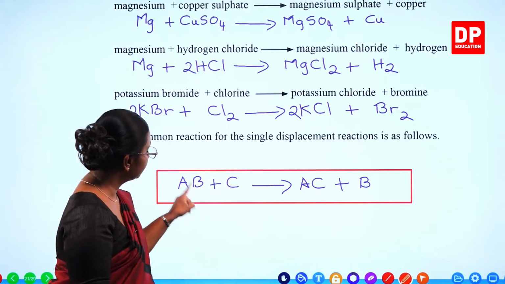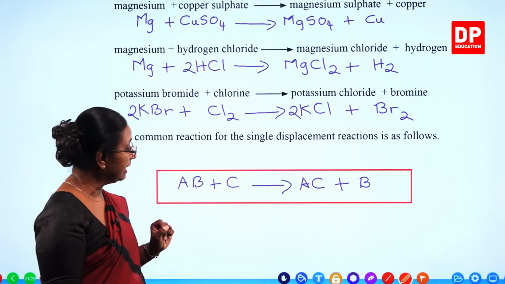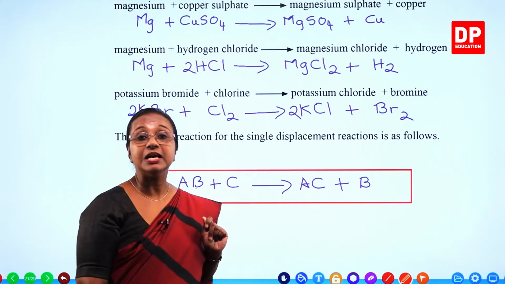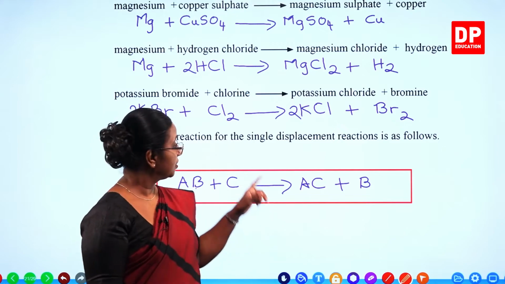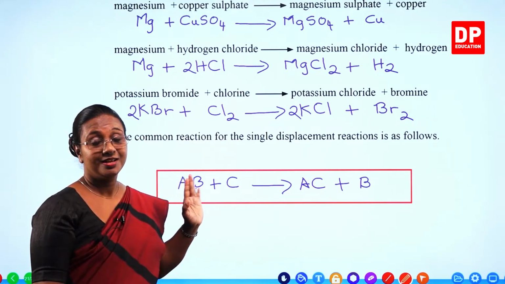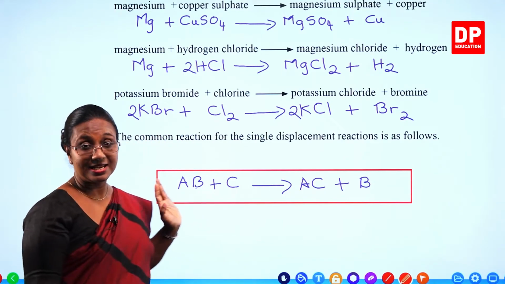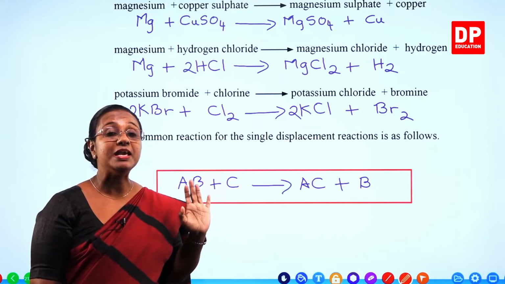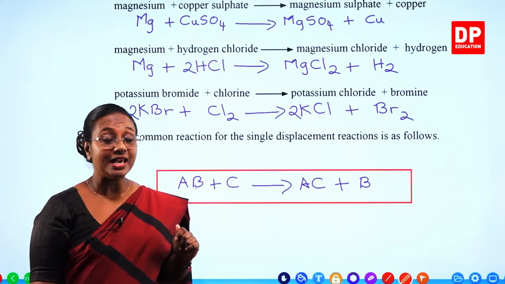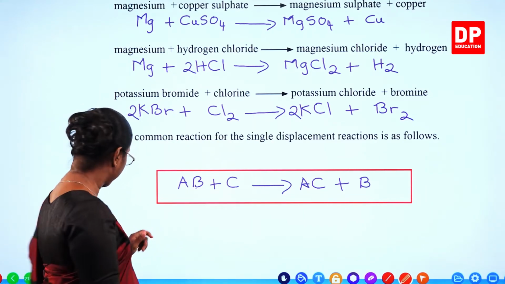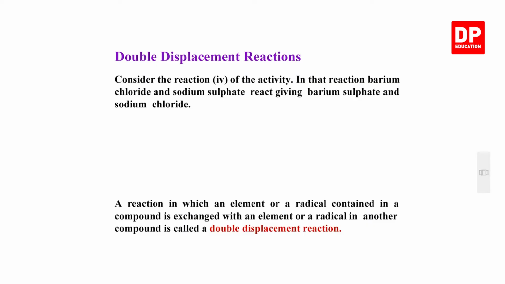This element displaces the other element, B, from the compound, occupying its space and forming a new product. So that is the single displacement reaction. I am sure you all can understand this type of reactions and you will remember the examples. You will be able to write them correctly as well. So with that, we will move on to the next type of reaction, that is double displacement reaction.